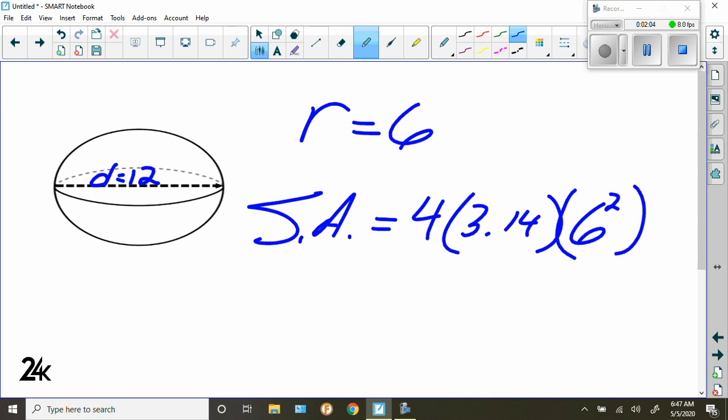Okay, so 4 pi r squared. So it's going to be 4 times 3.14 times 36. Hit equals, and you get 452.16.